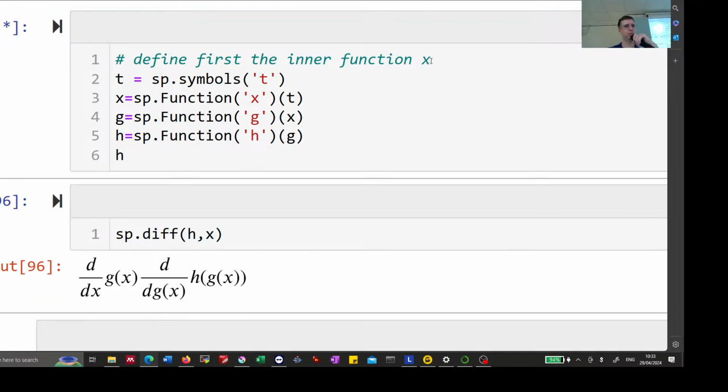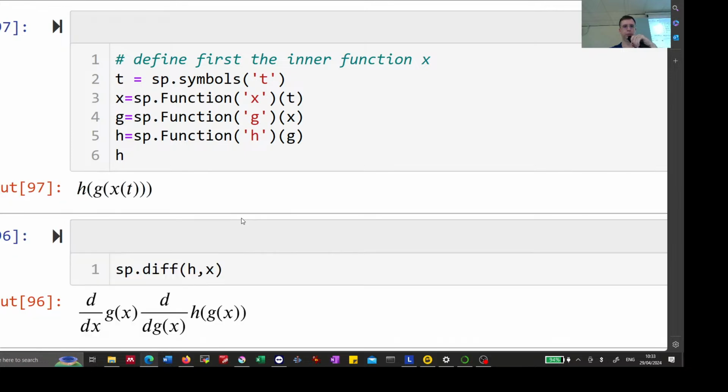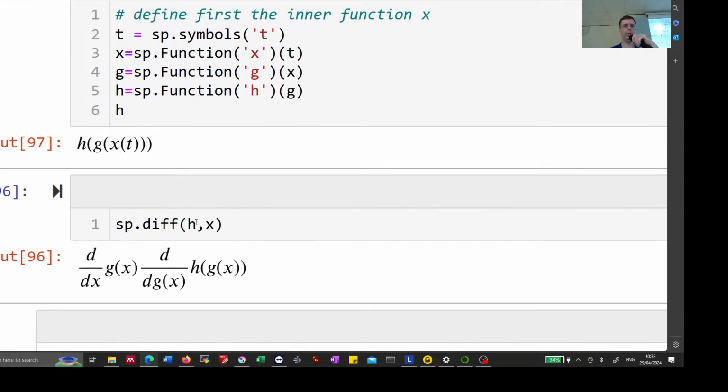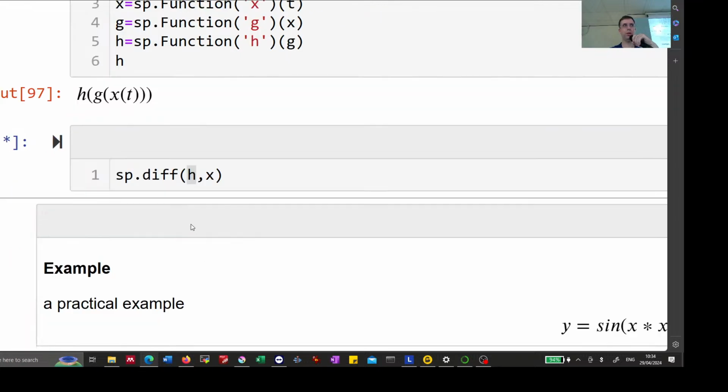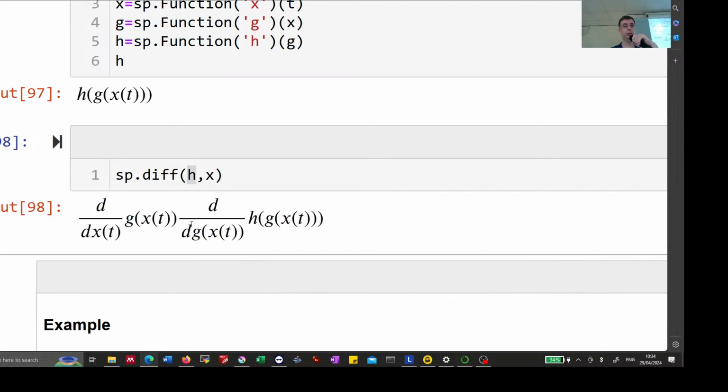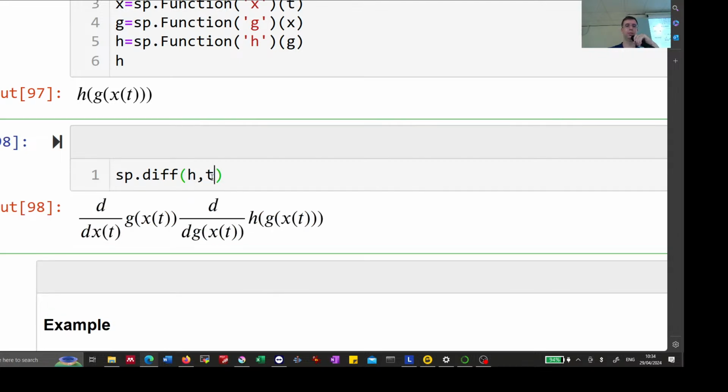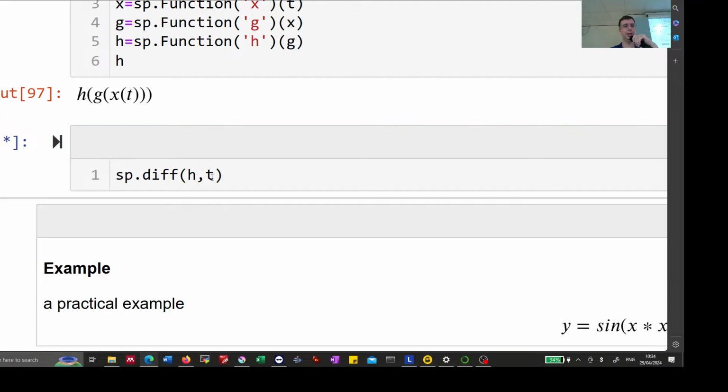What is this? Very nested now, right? But the thing is, when we execute now the derivative with respect to x, we shouldn't see much of a change, right? It's still the same, but now with respect to t, it's a little bit more work. So it's a chain rule applied to the chain rule again.